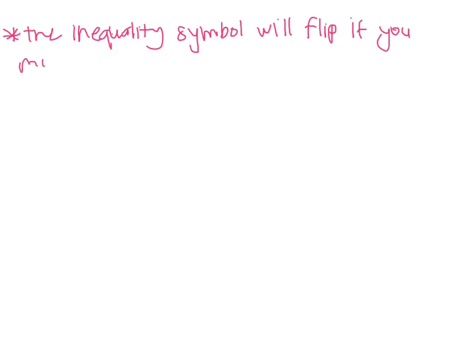And that is that the inequality symbol will flip if you multiply or divide by a negative number. You might be wondering why that's the case, and we will take a look at the number line to explain why that happens.